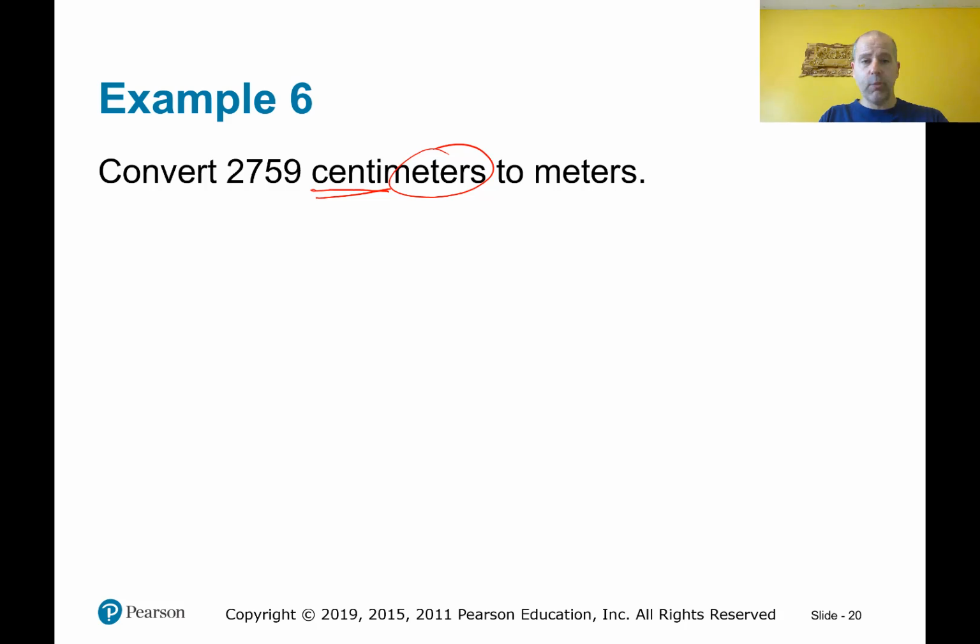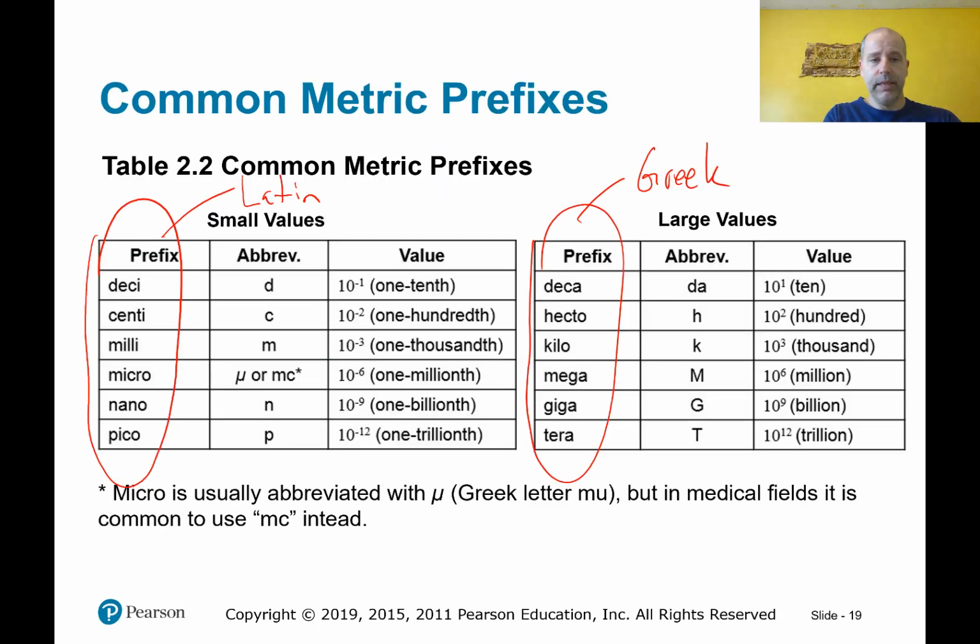So let's go back to the tables again. Notice here are the abbreviations we would use, okay? But remember, notice how the value here is divided by a power of 10. So for small numbers, you're dividing by powers of 10. For the large numbers, you're multiplying by powers of 10.